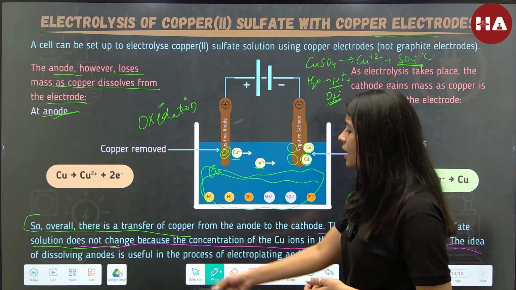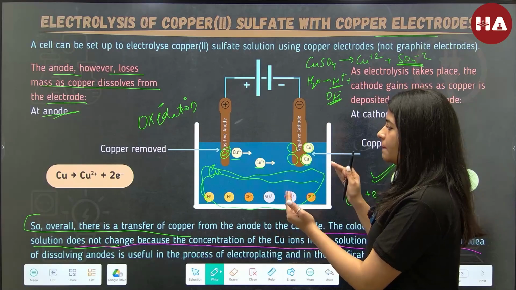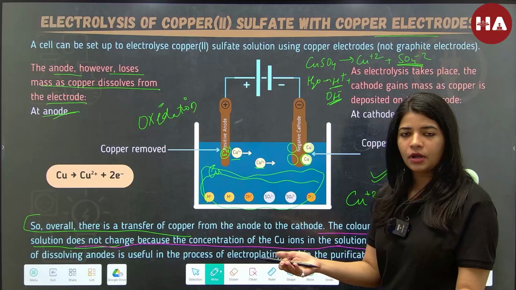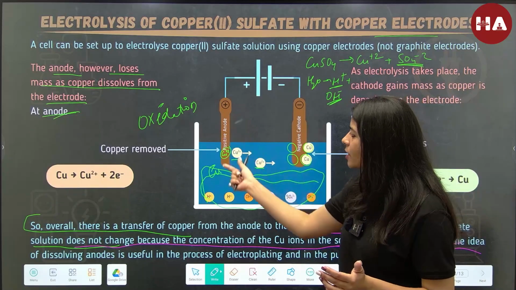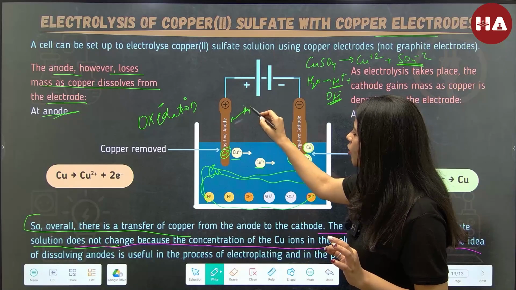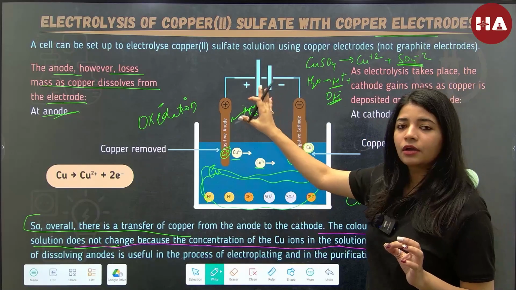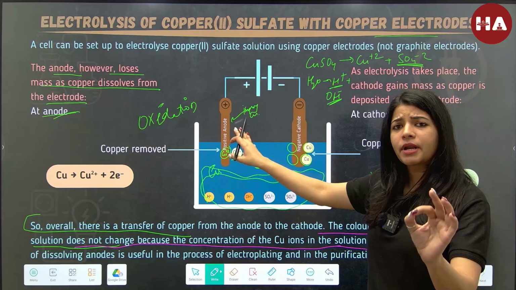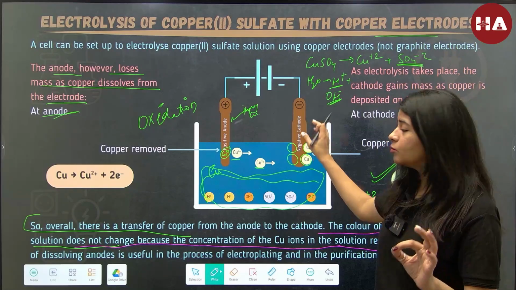The idea of dissolving the anode, the idea of this particular setup, is to purify copper. This is how metals get purified. You can imagine a strip of impure copper over here. What will happen when we pass the current? Only the pure copper ions will move towards the cathode.